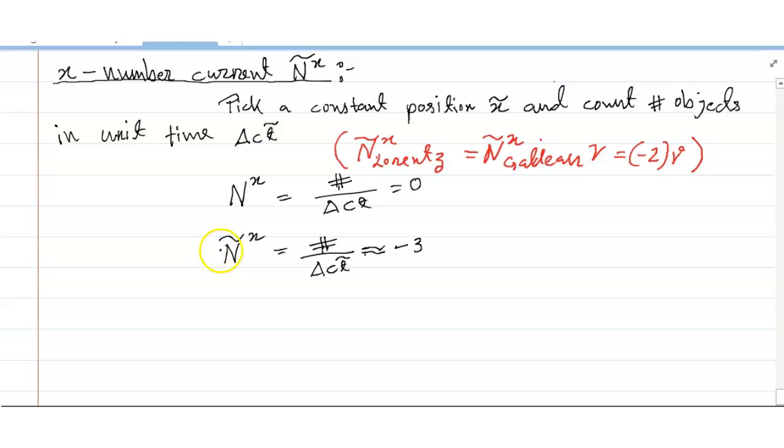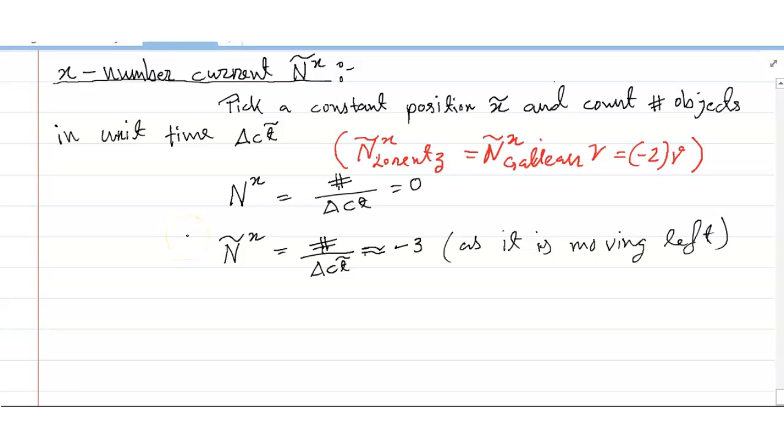So n tilde x is equal to the number of objects per del ct, which is -3, as it is moving left. And nx is 0 as in the Galilean transformation. So we can see how to get the components of the number flux 4-vector using pictures. We can get the components using algebra in Galilean relativity.